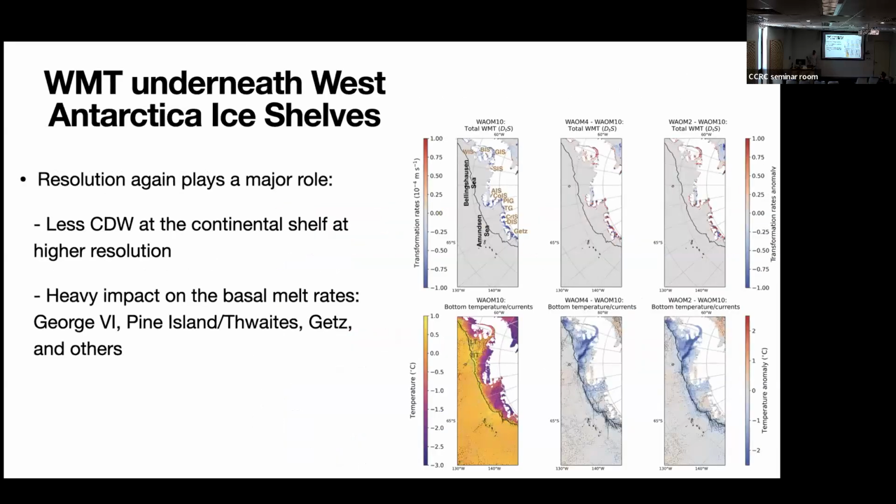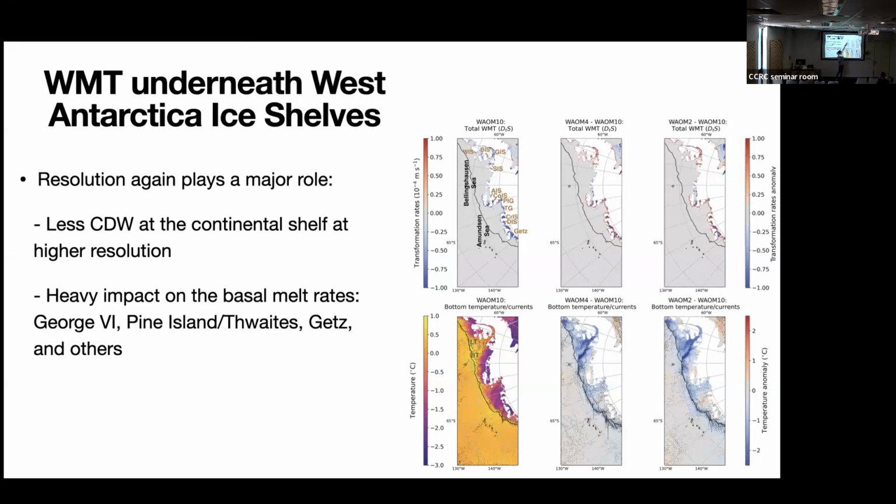Lastly, moving to West Antarctica. As I mentioned before, resolution is the most important factor here. You see in the 10 kilometers, all this circumpolar deep water gets onto the shelf, especially in the Bellingshausen Sea. You see there are two troughs here, the Belgica and Latady troughs, that carry water onshore straight into the George VI Ice Shelf, which is located here.